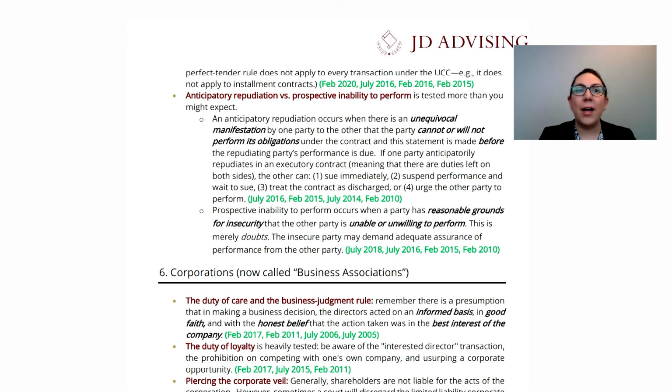So without a question, they're not performing the contract. That's anticipatory repudiation. Prospective inability to perform, on the other hand, is when one party has reasonable grounds for insecurity that the other party might not perform. They might be unable or might be unwilling to perform.